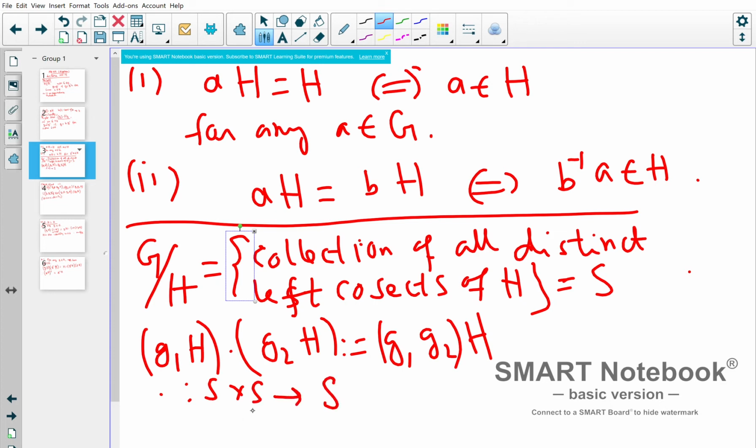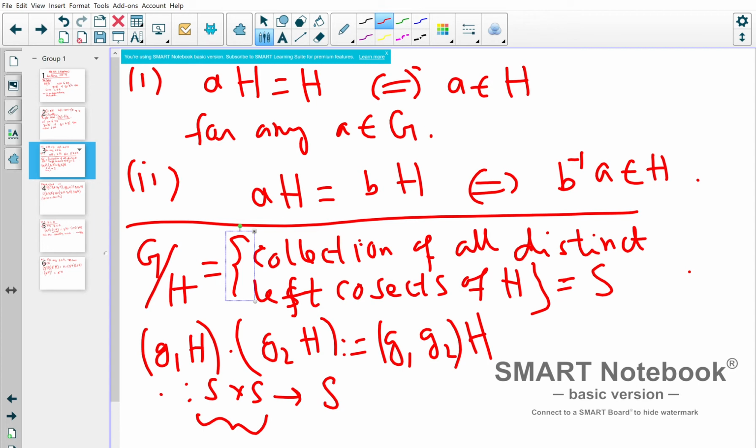But I did not check whether this map is well defined or not. What does that mean? If you collect two elements from this set which are the same, the image will be the same. Inside that means if we collect two elements which are not the same, then the pre-image cannot be the same.